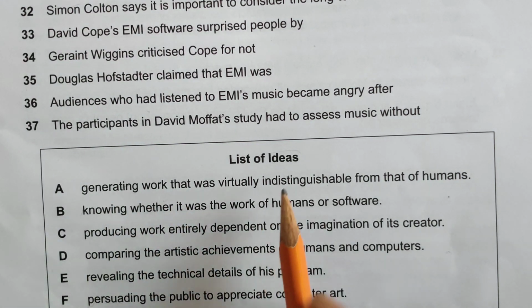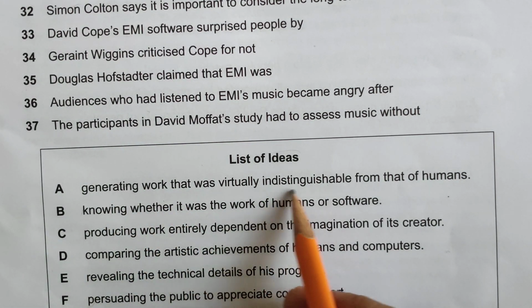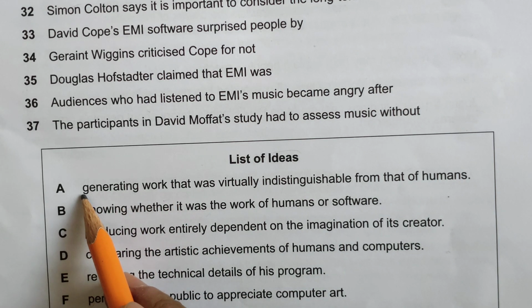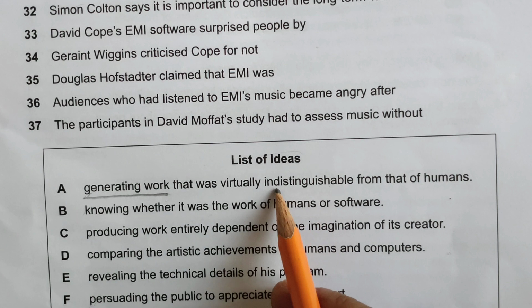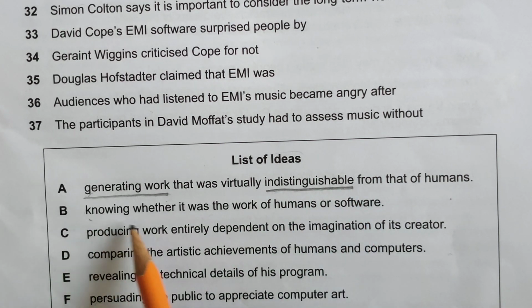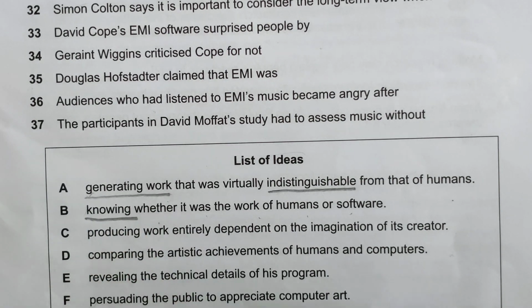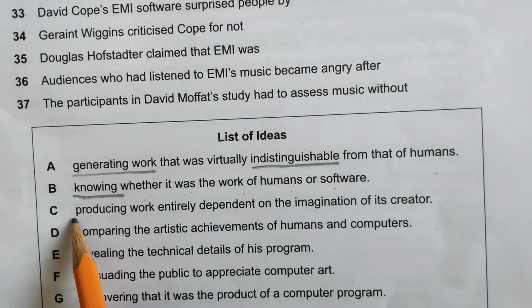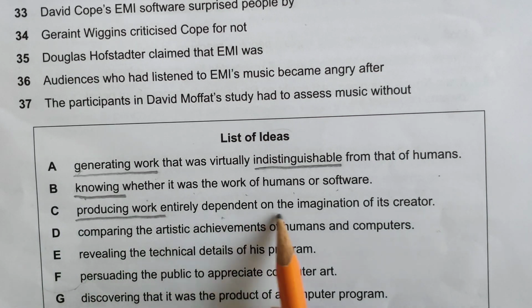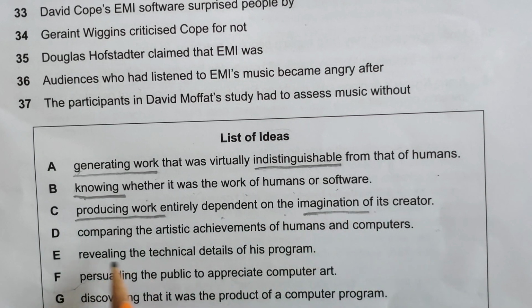Generating work that was virtually indistinguishable from that of humans. Generating work. Okay, indistinguishable. Knowing whether it was the work of humans or software. Knowing, we will come to know from this word only. Producing work entirely dependent on the imagination of its creator.